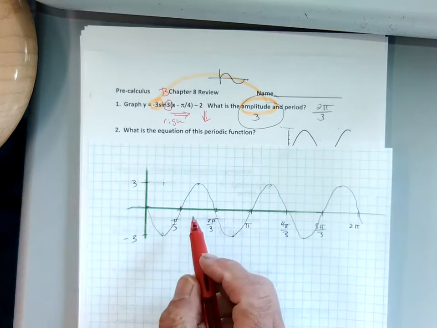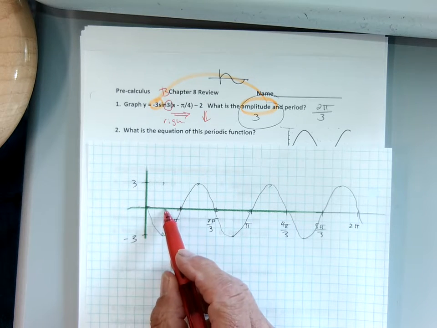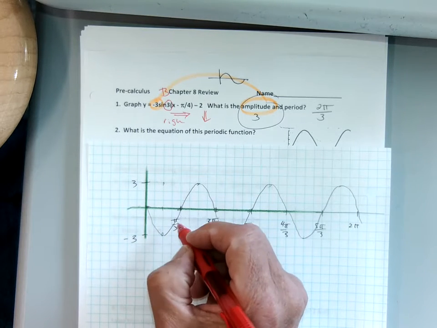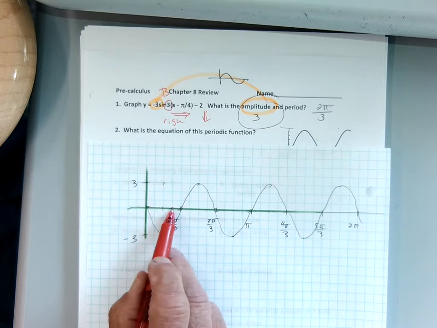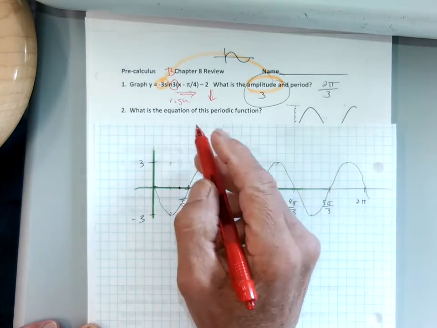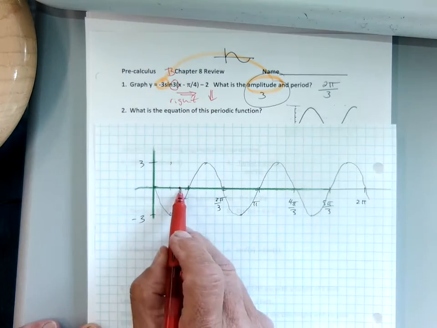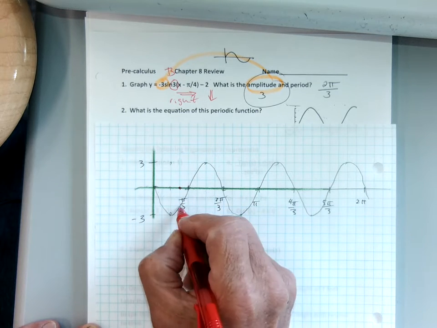Now if this is pi thirds, pi fourths is about there. It's about 3 squares. So I'm going to go over 3 squares to the right and down 2, okay? So this point goes here and down 2 there, okay?